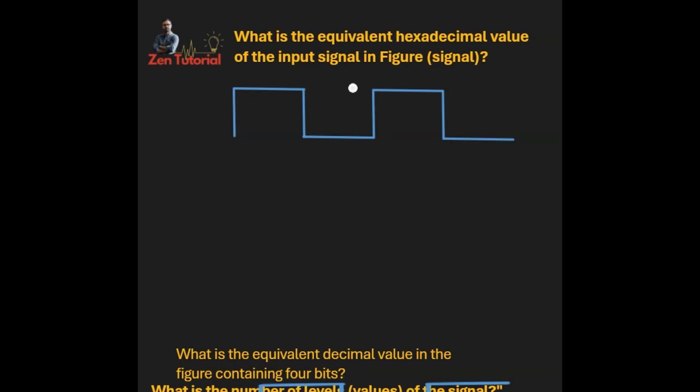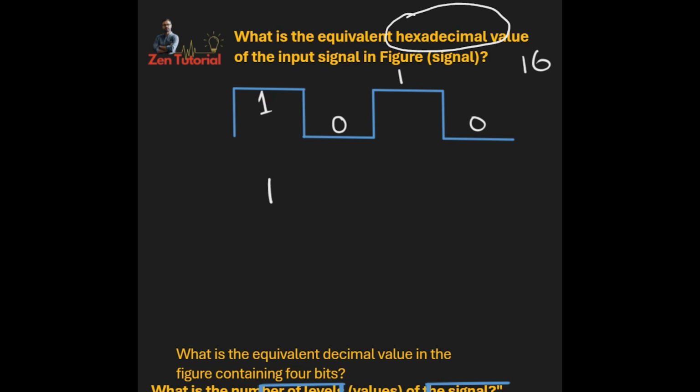In this question, what is the equivalent hexadecimal? So this question asks for the hexadecimal value. Hexadecimal will be 4 bits as well, and the base will be 16, right? So 4 bits, the signal, this is a high value. High will be 1, low will be 0, high will be 1, and this is 0.